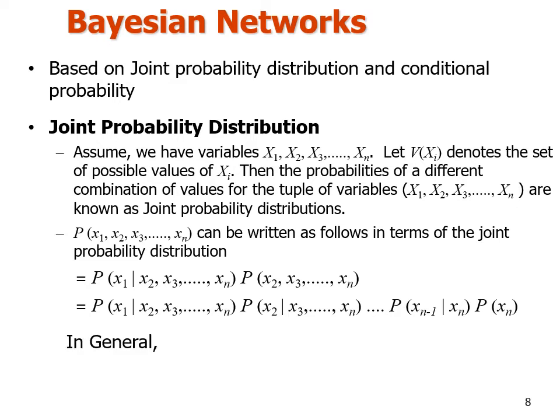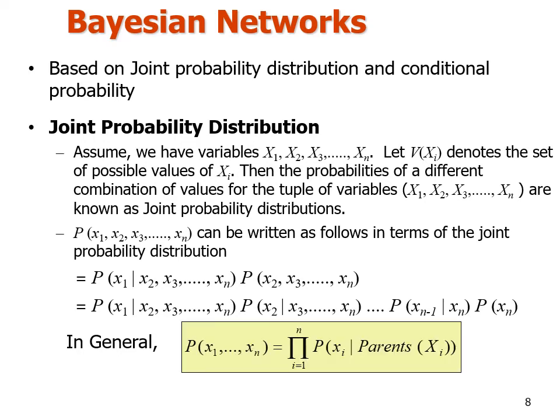In general, we can write the expression as probability of x1, x2 up to xn is equal to the product over i equal to 1 to n of probability of xi given parents of xi.